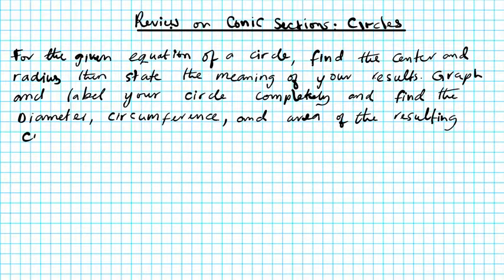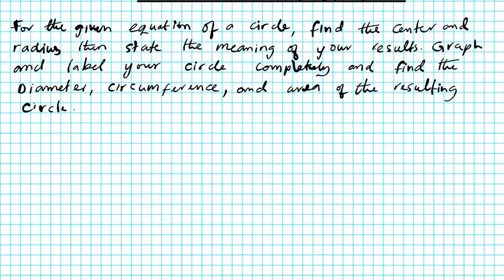Okay. All right. So the equation that we're going to be finding all this information on is given by number 1, x squared plus y squared minus 4x plus 4y minus 8 equals 0.